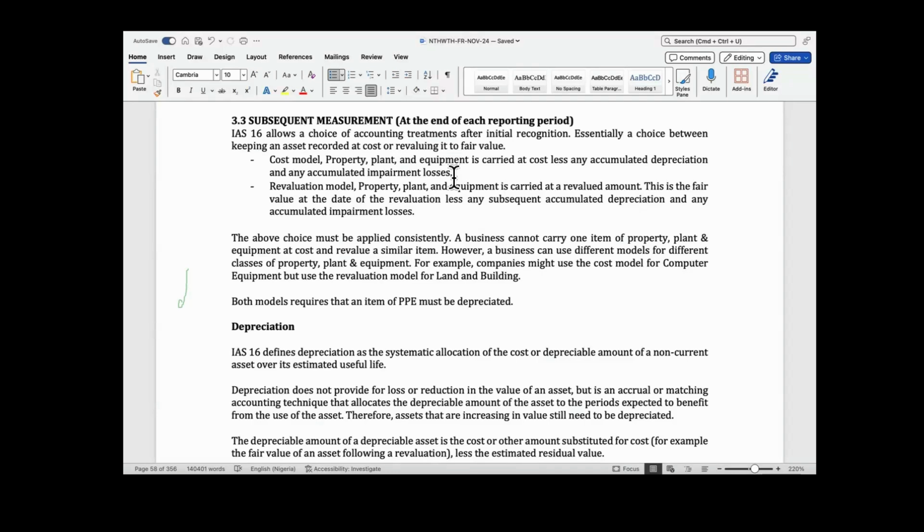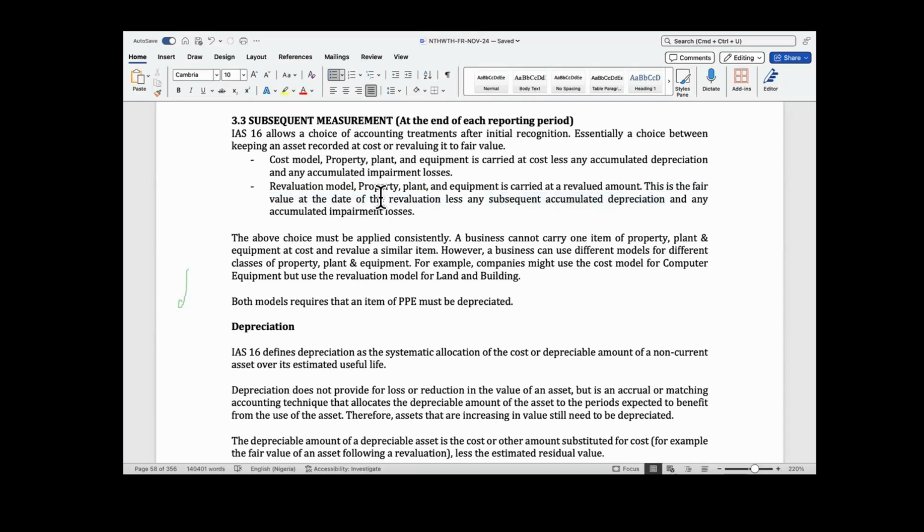Revaluation model is carrying the asset at revalued amount, which is usually the fair value of this asset at the date of revaluation, less subsequent accumulated depreciation and any accumulated impairment losses.